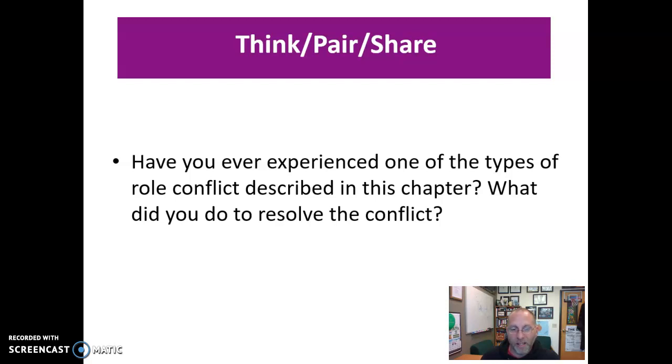And again, team conflict and role conflict, these are normal. They happen in most organizations, in most teams, with most individuals at different points in time. So if you are lucky enough to get through a team project without any sort of conflict, that's a rarity. There's usually stuff that happens. And so you have to be able to take a step back. You have to look at what you're doing, why it happened.